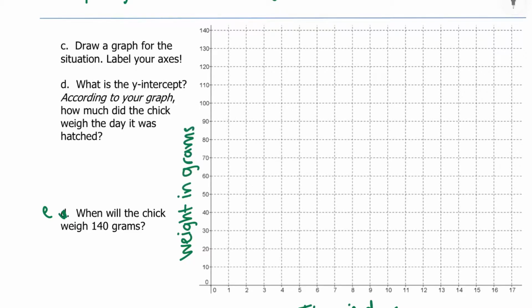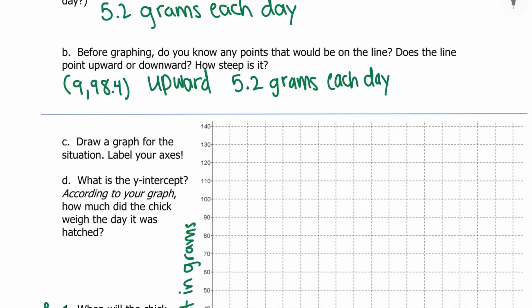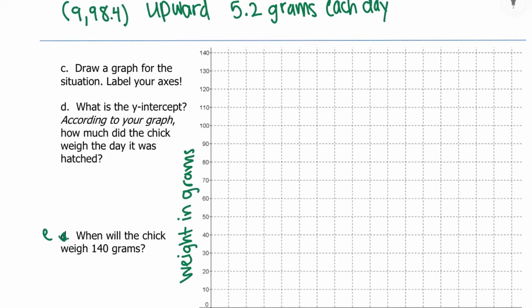So we've got some different pieces of information to go off of here. Normally we'd start with the starting value, meaning like where does it hit the y-axis, but we don't know. That's like what we're trying to find here, to find how much a chick weighed when they were hatched. So we're going to have to start somewhere else. So we're going to start at this point and then go with the growth.